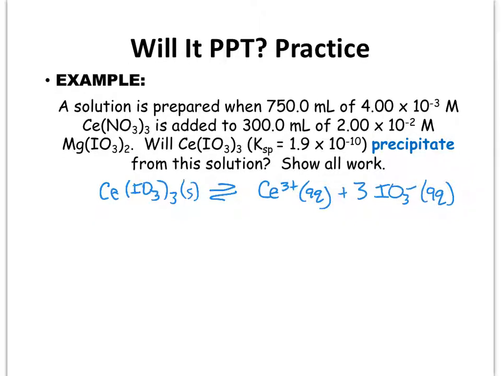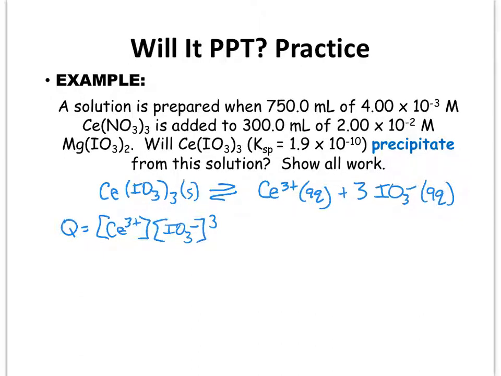So I can write the Q expression from this. Q would be equal to, remember, products over reactants, the concentration of Ce3+ times the concentration of IO3- cubed, according to the stoichiometry.